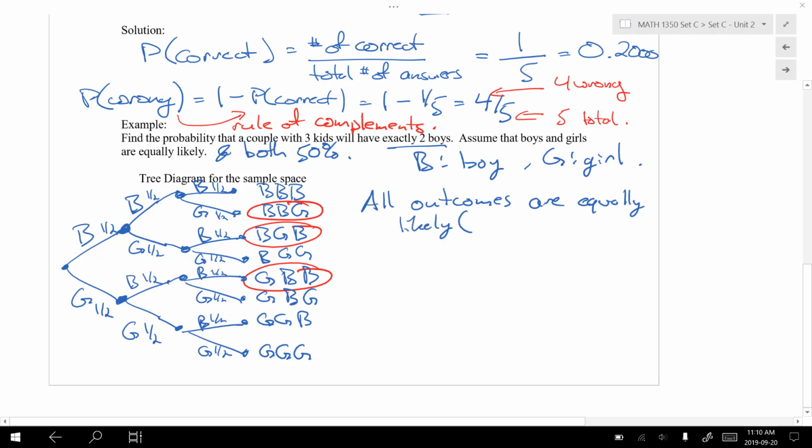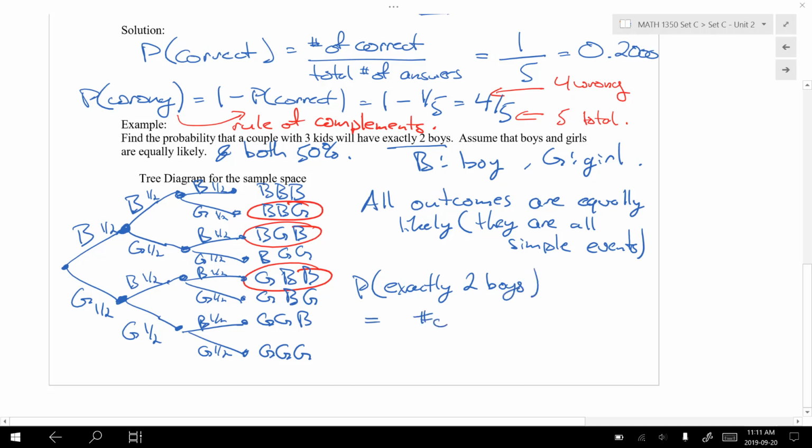All outcomes are equally likely, as we say they are simple events. And the probability we're interested in, exactly 2 boys, is going to look like the total number of outcomes with 2 over just the total in general.